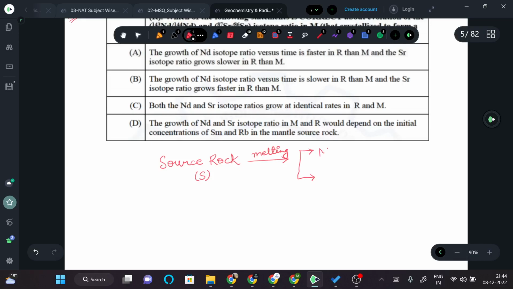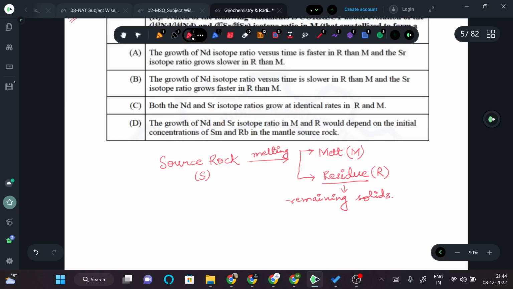One is the melt, obviously. And the other one is residue. Residue is the remaining solid part which didn't melt.